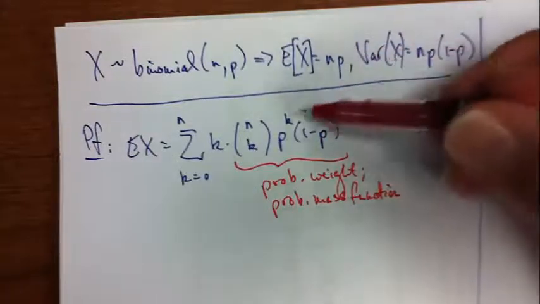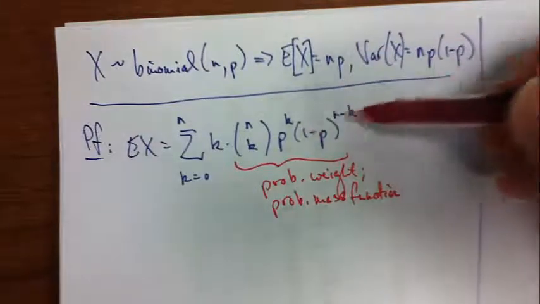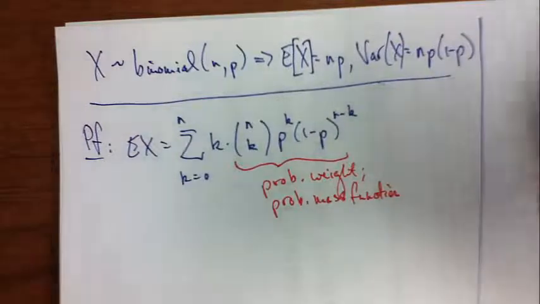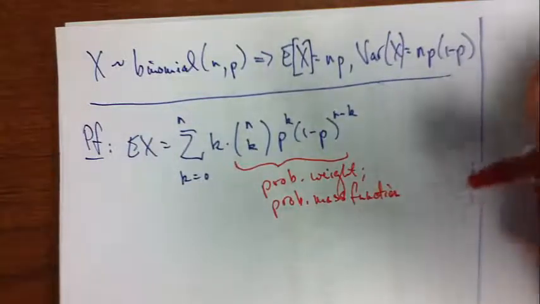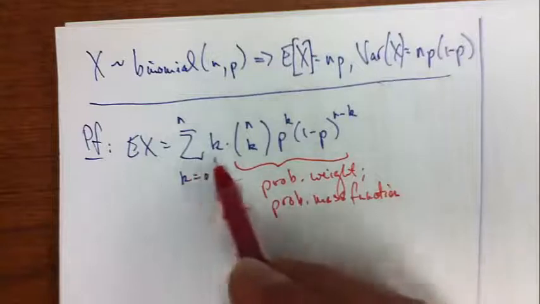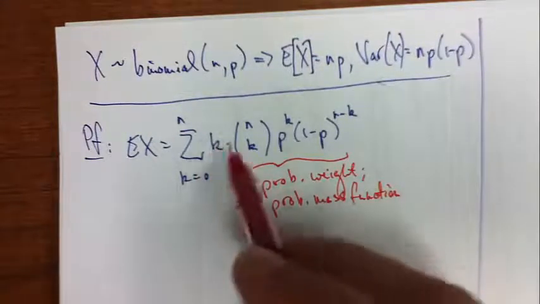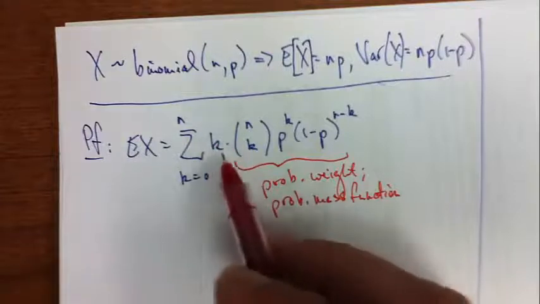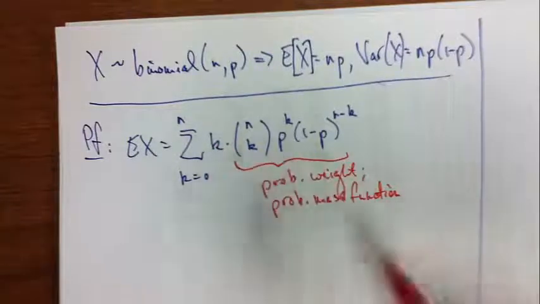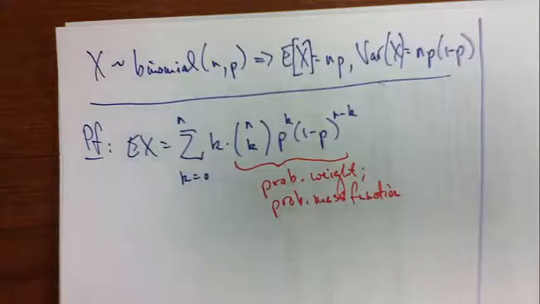If k is the number of successes, then n minus k must be the number of failures. So you can see that it's just the weighted average of the possible values, summing up all the values it could take on against the probabilities.